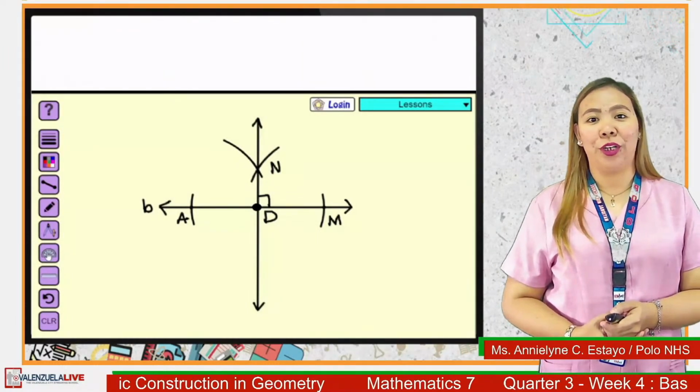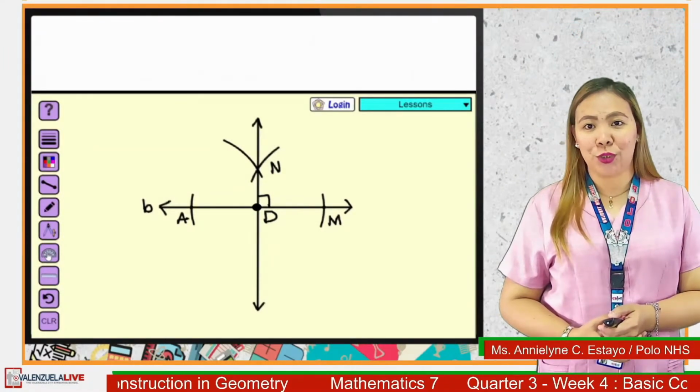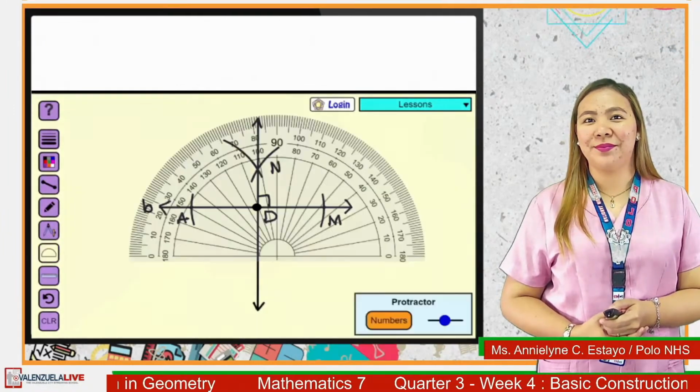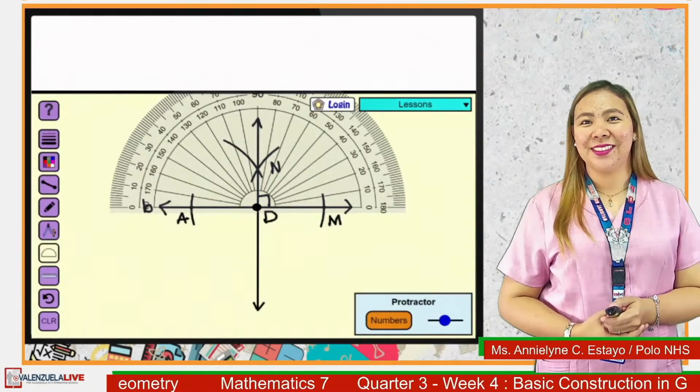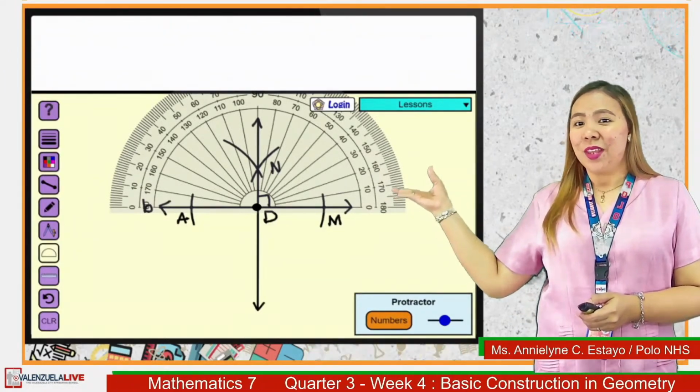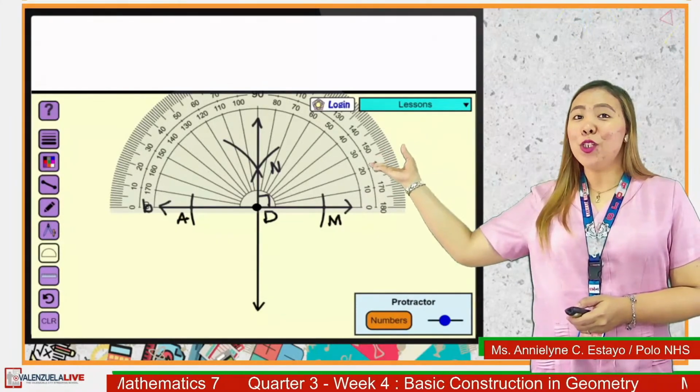Using a protractor, we will check if the measure of each of the four angles is 90 degrees. This angle is 90 degrees, and also this one.